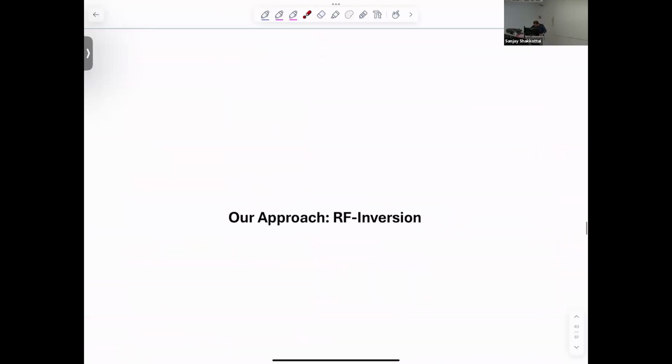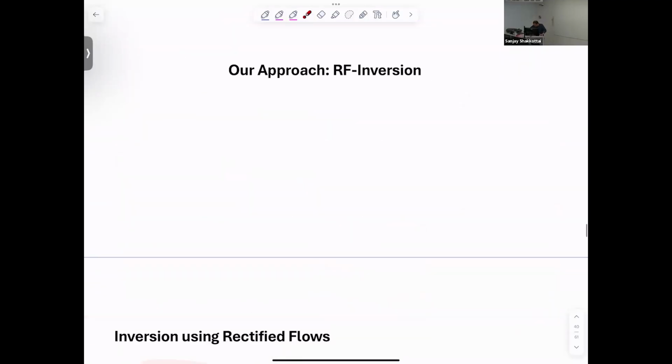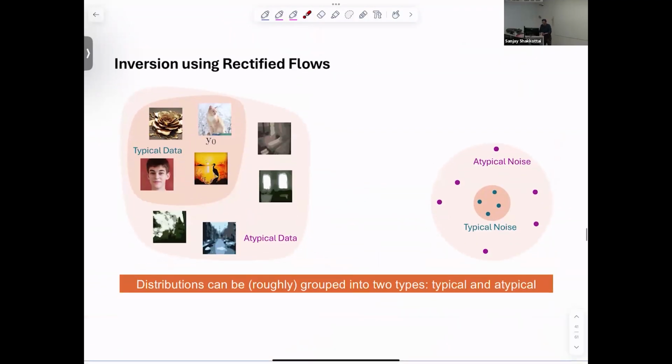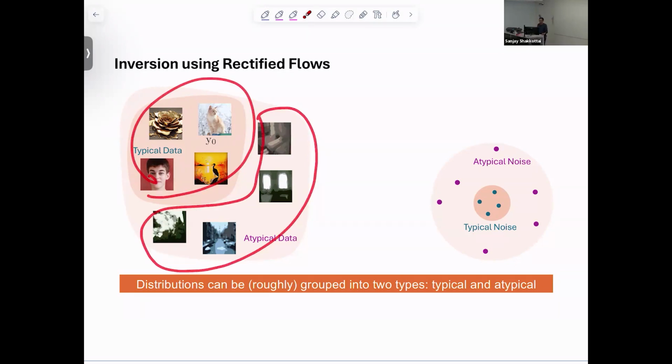So what do we do? You've got a coupling, but at least as a mental model, you can think of data as typical images and sort of close to typical images.